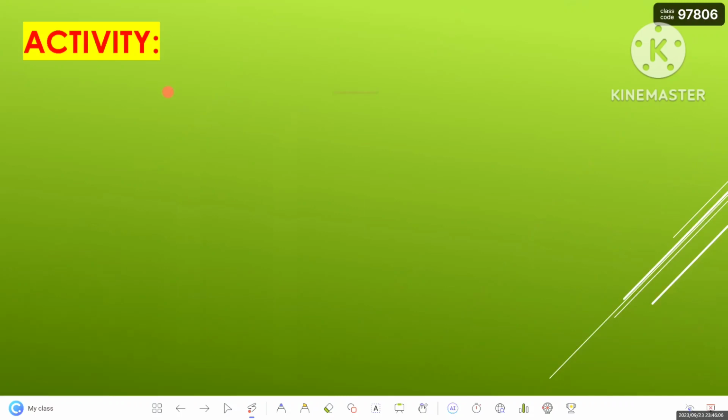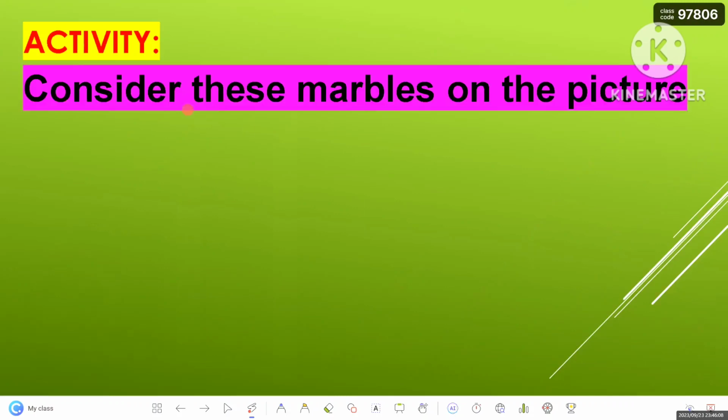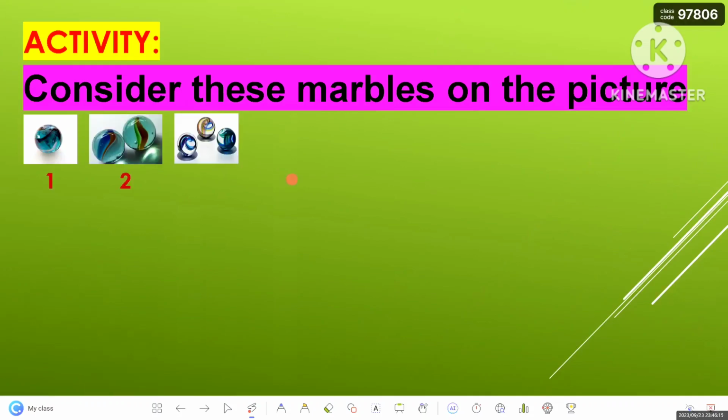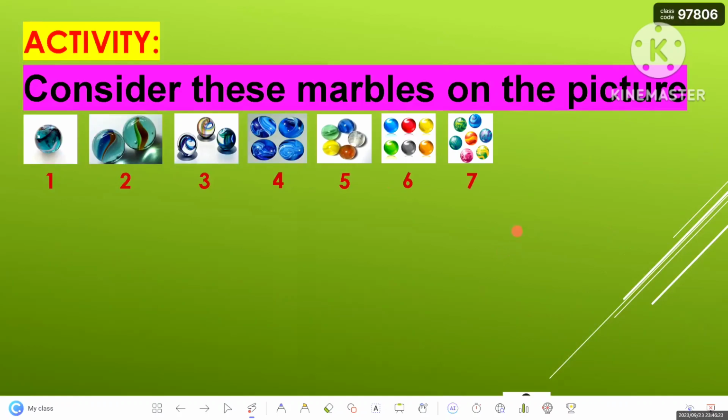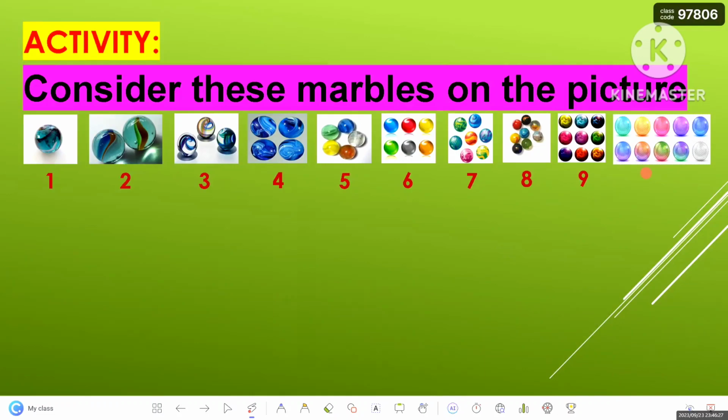Let's have an activity. Consider these marbles in the picture. We have 1, 2, 3, 4, 5, 6, 7, 8, 9, and 10.